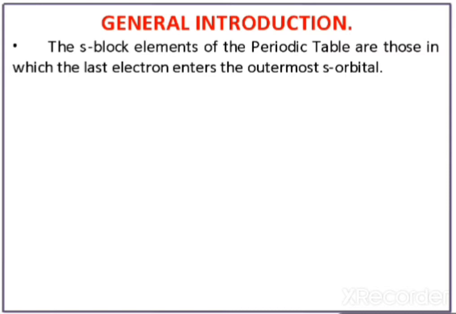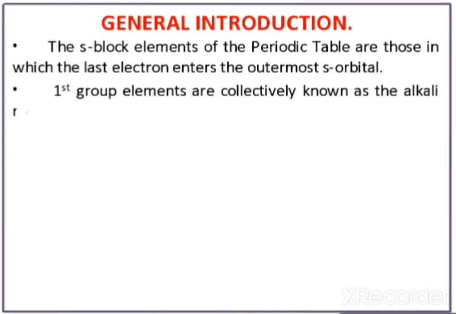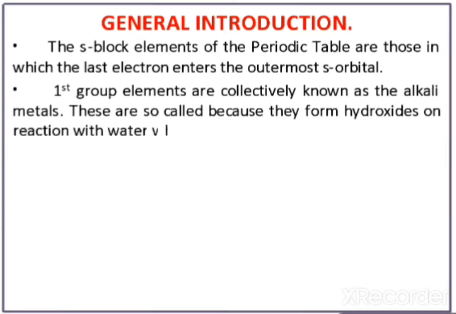And if the last electron enters in f orbital, these are called f-block elements. Now you can see the maximum capacity of s orbital is 2. So we can classify s-block elements into two groups, first group and second group.